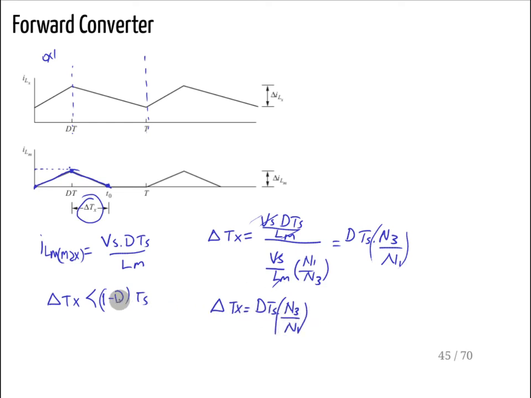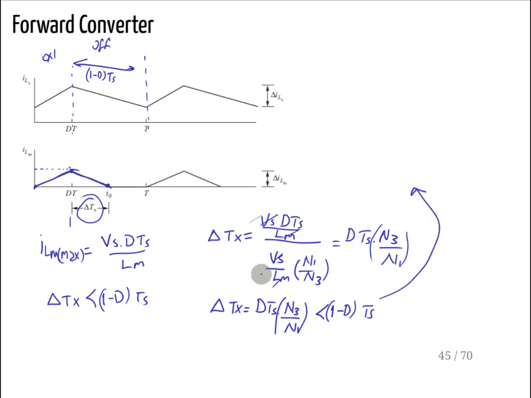So the total off period is this, let me draw here, 1 minus dTs, and the delta Tx should be smaller than 1 minus dTs, right? So you can actually find a relation, you can get rid of the Ts, so you can get that equation here.